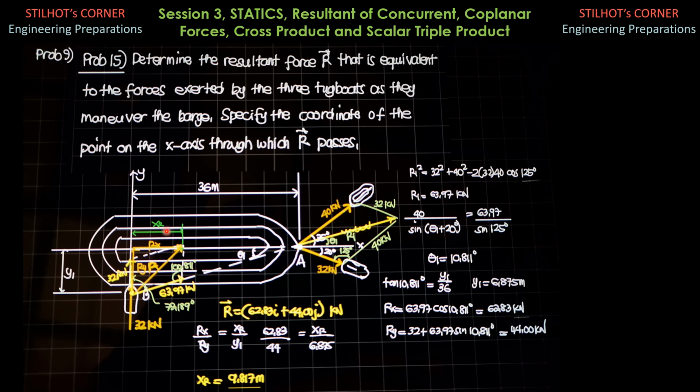So XR over Y1. Solving, because Rx is known, 62.83, Ry is also known, 44, XR unknown, Y1, 6.875. So XR is equal to 6.875 times 62.83 over 44. So we get XR equals 9.817 meters.